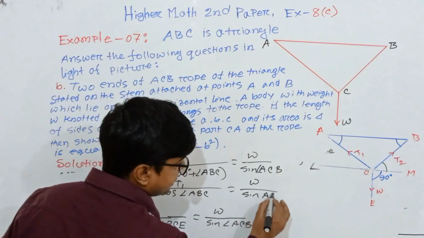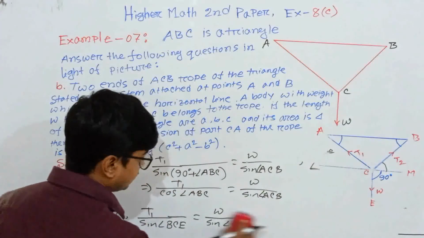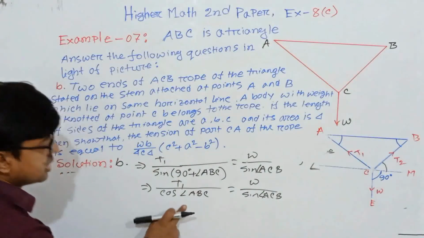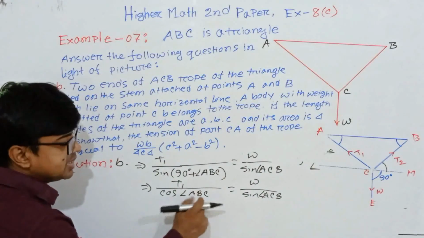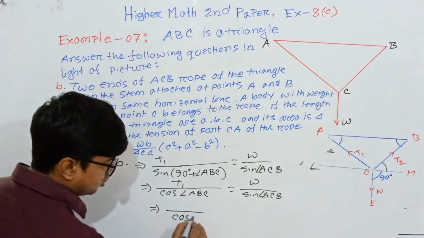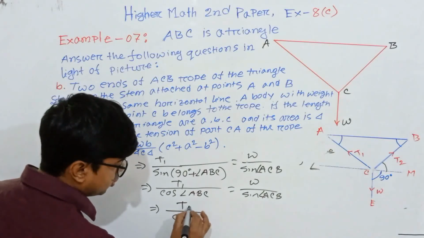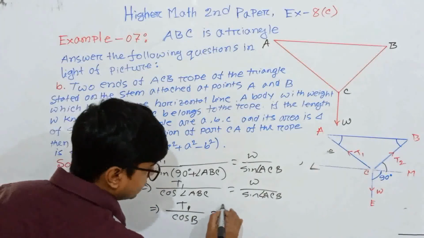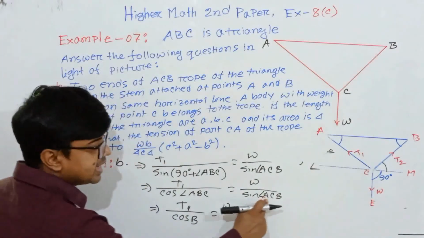So T1 and W by sine ACB. Now after this line, cos ABC means cos B, so T1 by cos B equals W by sine ACB.